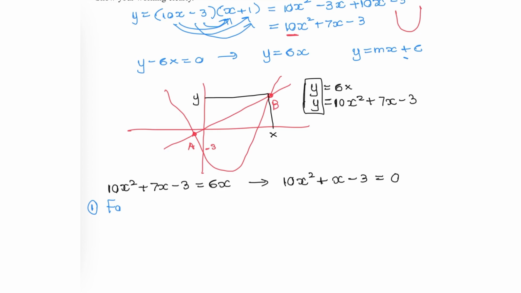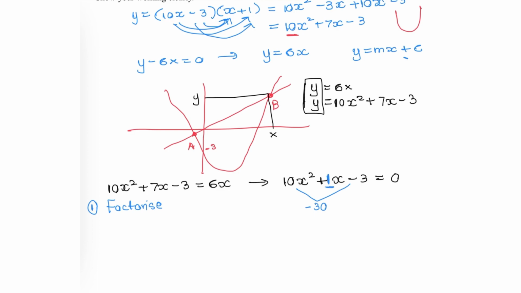Now for the factorize method, what you need to do is, let's see. First you have to multiply the 10 and the negative 3, so you have to multiply these two. So this is going to be negative 30. So we're going to be looking at factors multiplying to negative 30 and adding to positive 1.